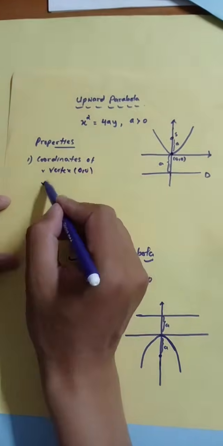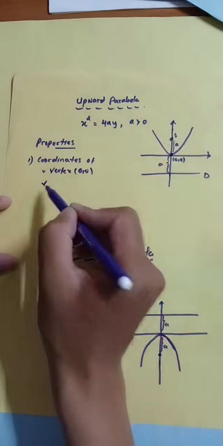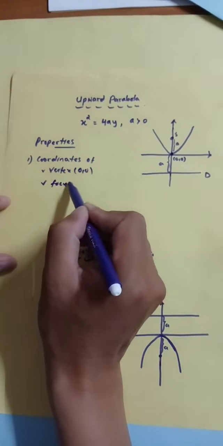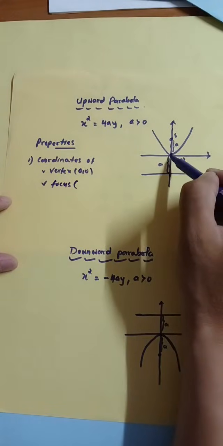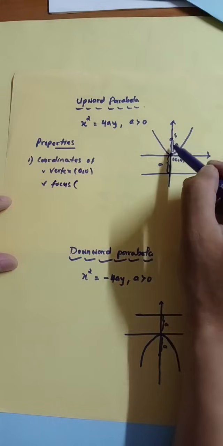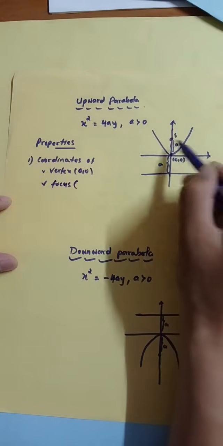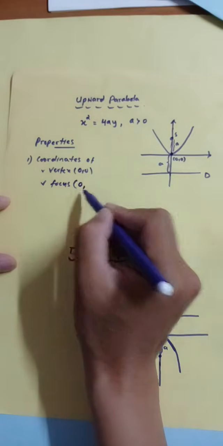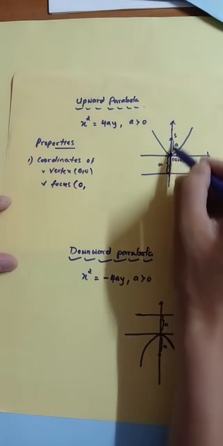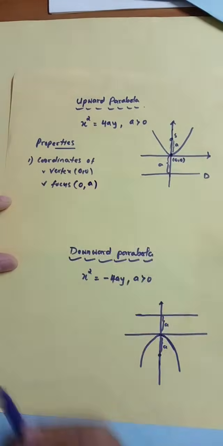The next is the focus. For the focus, the y coordinate is a. The x coordinate is 0 because it is on the y axis, with no horizontal distance covered. Therefore x is 0 and y is a. So the focus is (0, a).